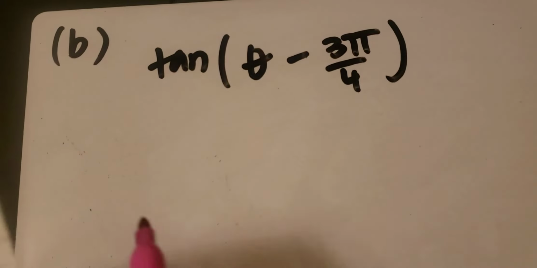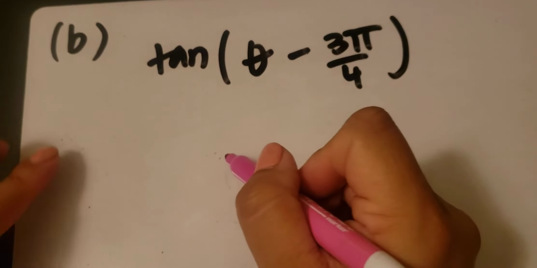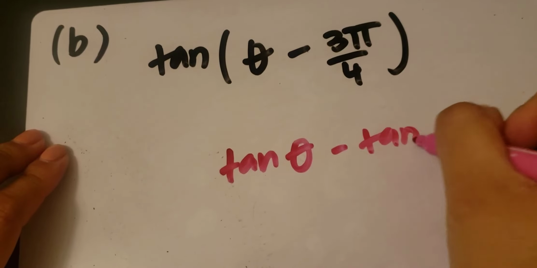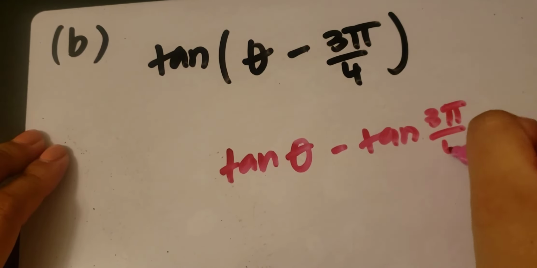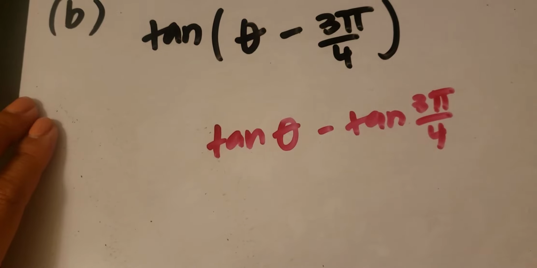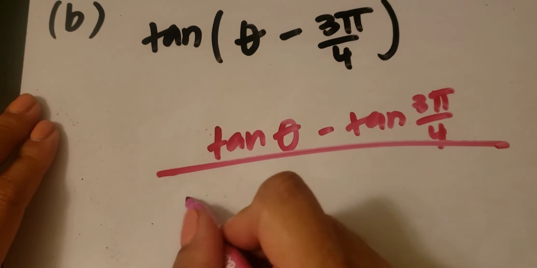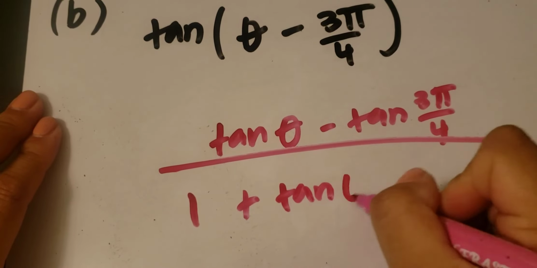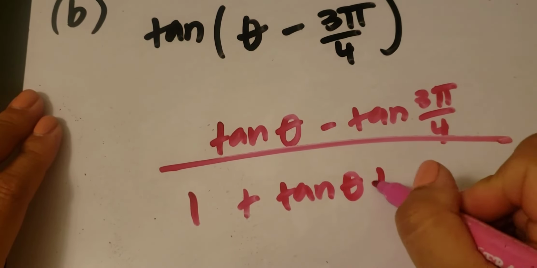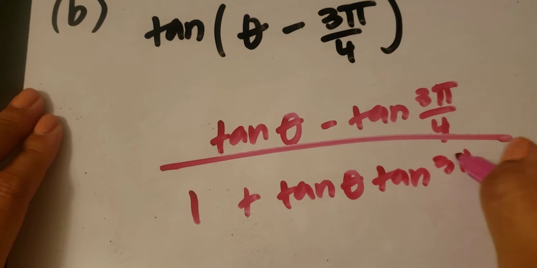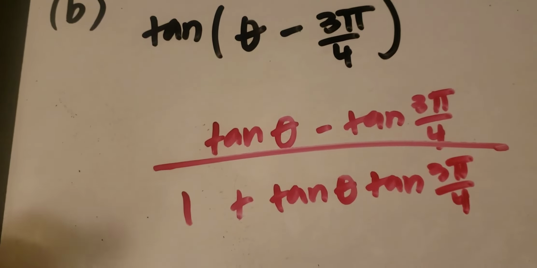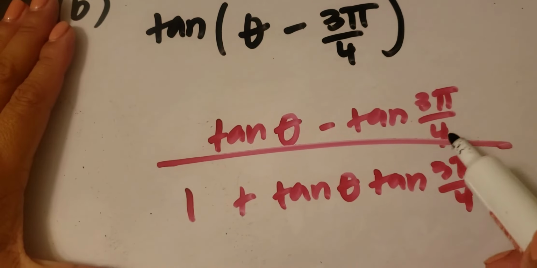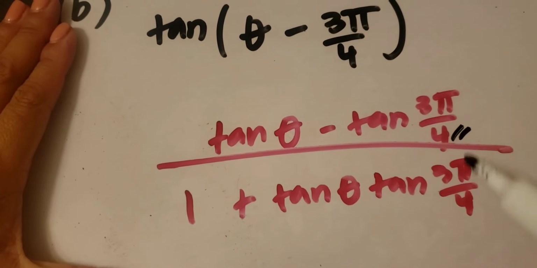According to the property, we should have tangent of theta minus tangent of 3 pi over 4, over 1 plus tangent of theta times tangent of 3 pi over 4. Once again, we can get a value for 3 pi over 4. Let's find that one.